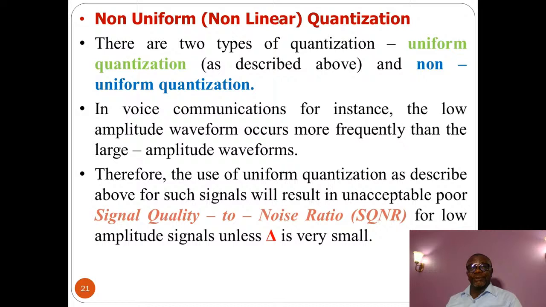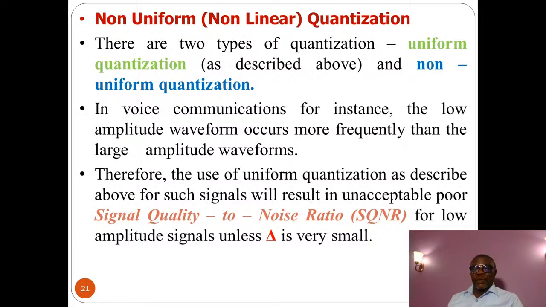Non-uniform or non-linear quantization. There are two types of quantization: uniform, as we have described above, and non-uniform quantization. For instance, in voice communications, the lower amplitude waveform occurs more frequently than the large amplitude waveform.